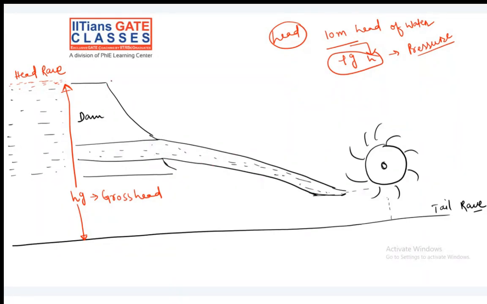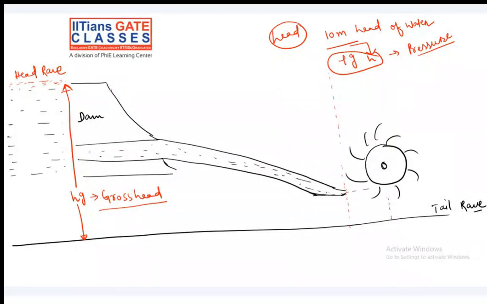Head loss means that the Hg which was initially available here, the same head won't be available at this point. Why? Because during this travel from the dam to the turbine, it must have suffered frictional losses and major and minor losses also. What are those losses? Somewhere it must have entered, somewhere it must be trying to exit.